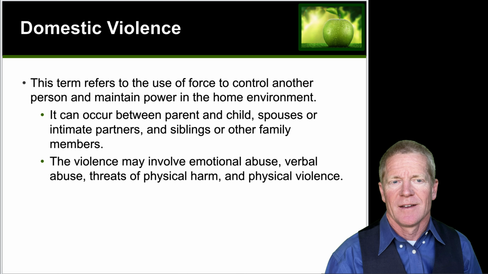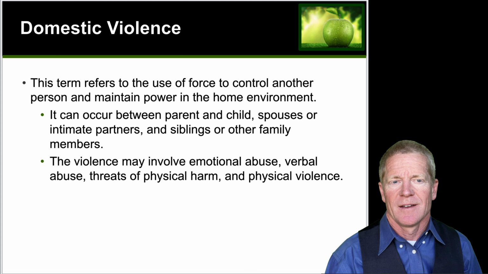Domestic violence. Let's talk about domestic violence. This term refers to the use of force to control another person and to maintain power, particularly in a home environment. Domestic violence can occur between a parent and a child, between spouses or intimate partners, sometimes between siblings within a family, and at other times in generational violence between different generations within a family.